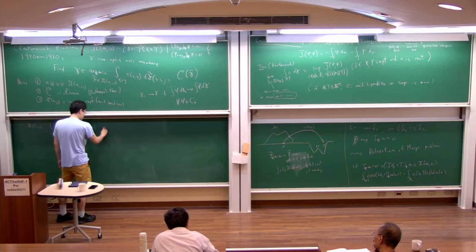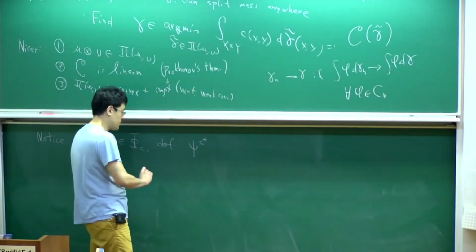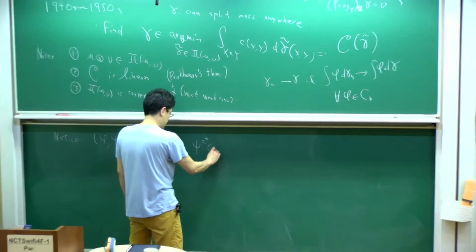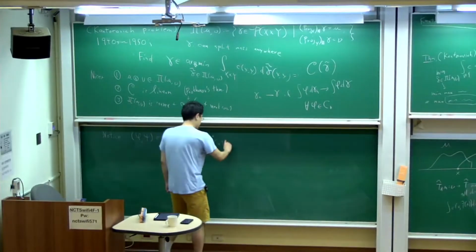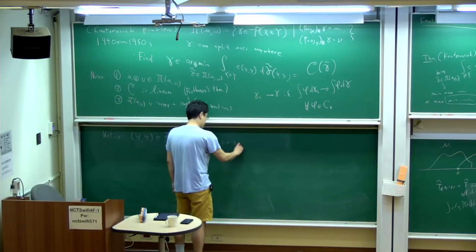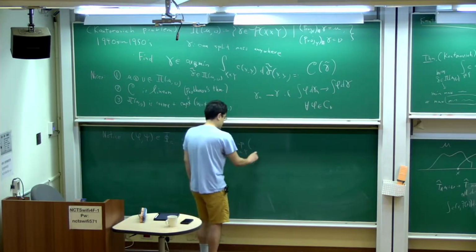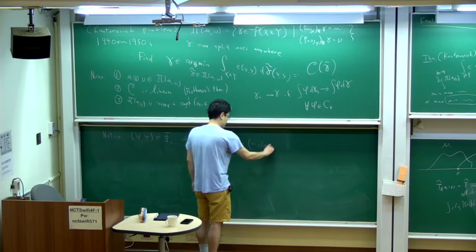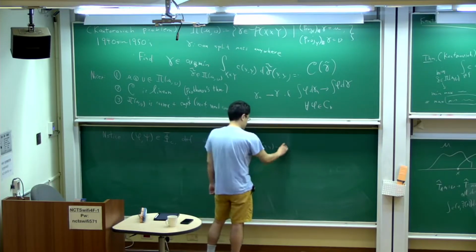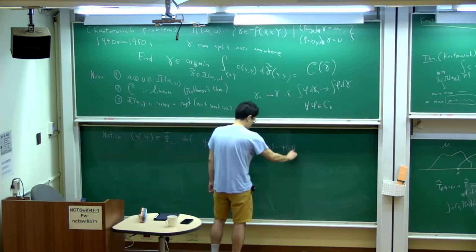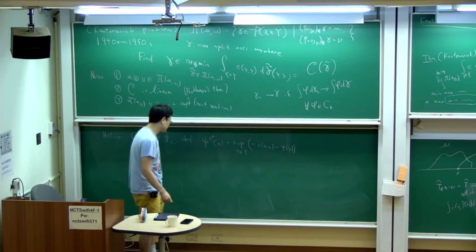So we call this psi, and this is called the c-star transform. So this is going to be a function on X. And I'll define this to be the supremum over y of this quantity, minus c(x,y) minus psi of y.